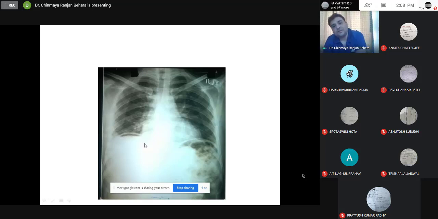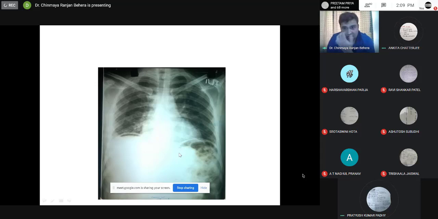Basically in the abdomen near the diaphragm you will only see one air level, that is the fundus on the left side, which is normal. But on the right side you will never see air under the diaphragm. Can you make out the air under the diaphragm on the right side?